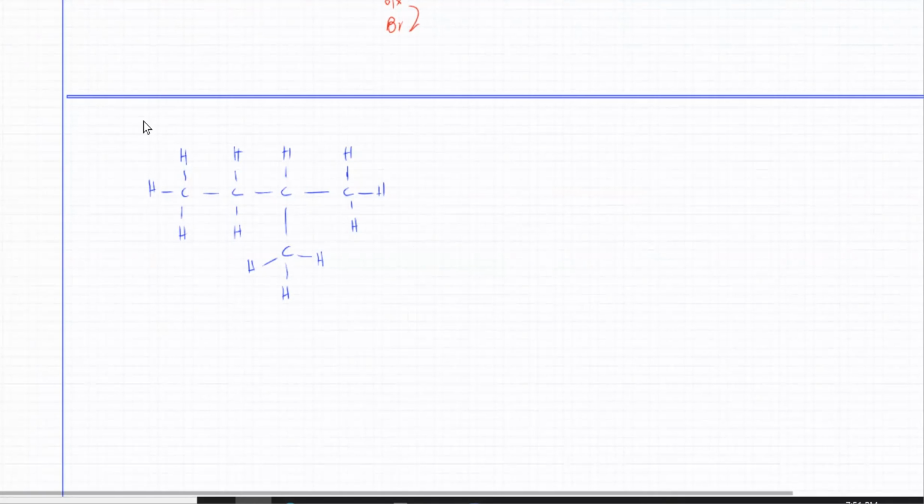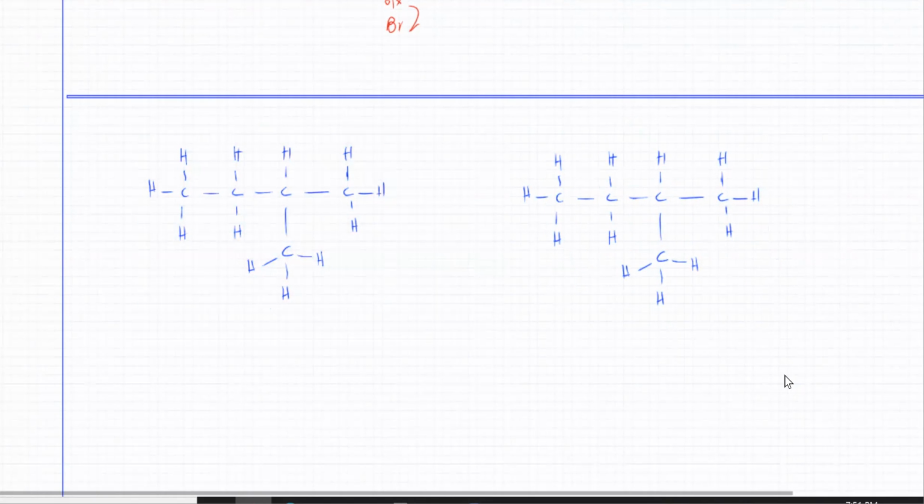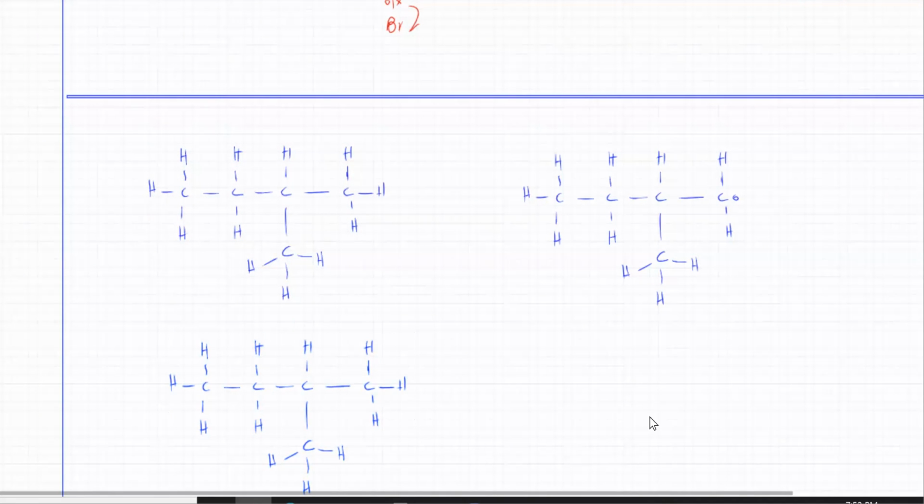So I'm just going to try and draw the different types of free radicals that are possible during this reaction. For example, here's one. You could have a number of free radicals formed. The H goes missing over here, Br takes it, and it turns into a free radical, right? Or what else could you have? How many different types of free radicals are possible?